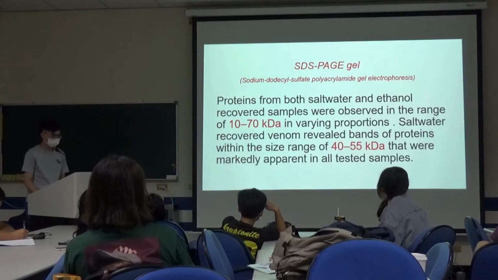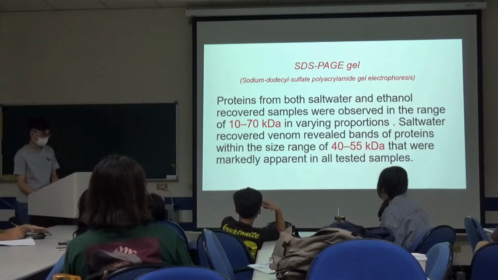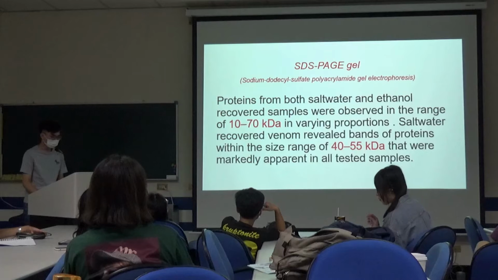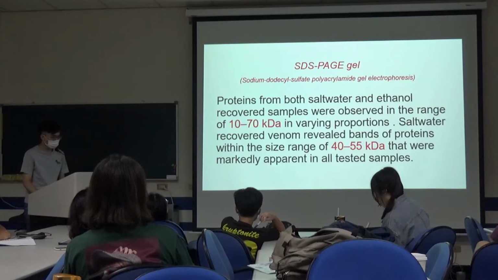This SDS-PAGE gel, protein from both salt water and NaNO recovered samples was observed in a range of 10 to 17 kDa in every population. Salt water recovered venom showed development of protein in the size range of 14 to 15.5 kDa that were markedly apparent in all test samples.